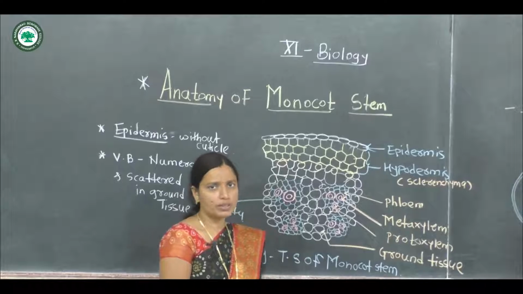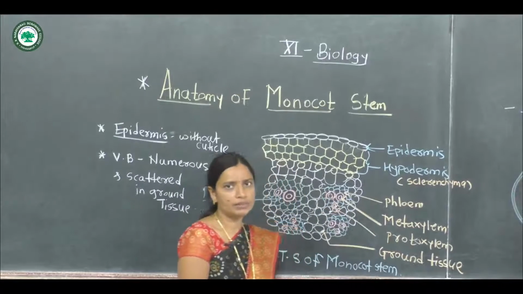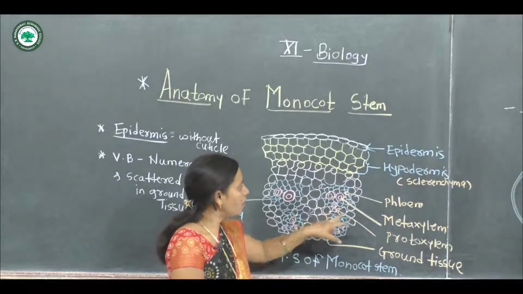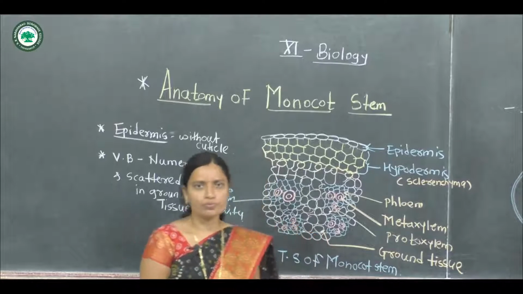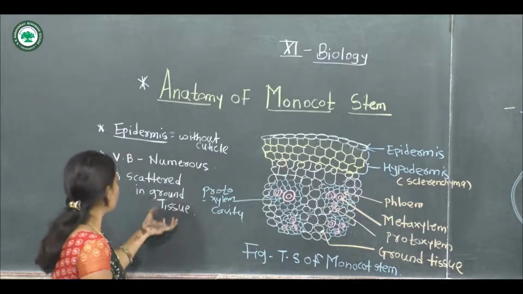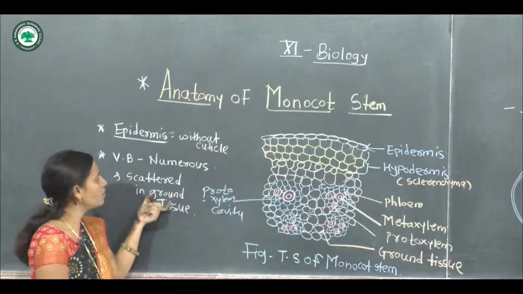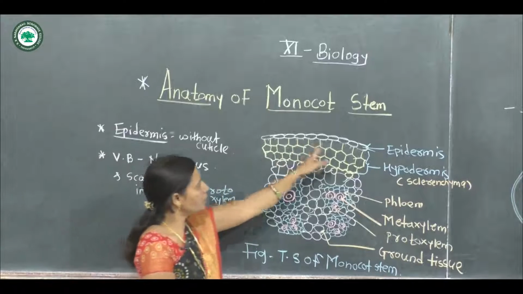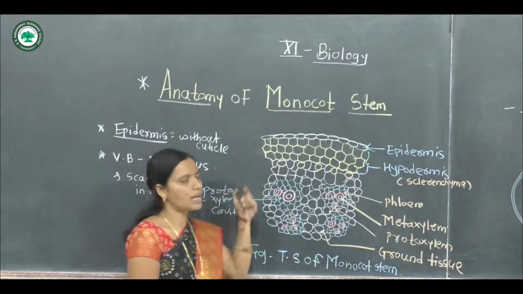In monocot stem, the metaxylem and protoxylem arise at this position, and toward the outer surface they surround the phloem tissue. The vascular bundles are numerous and scattered in the ground tissue. The epidermis does not have a cuticle, meaning the cuticle is absent.